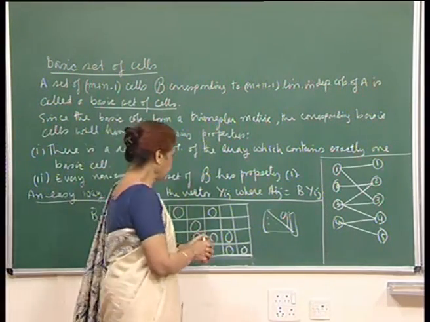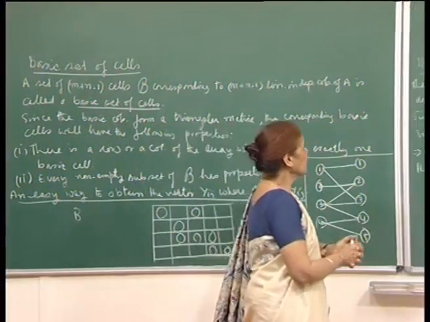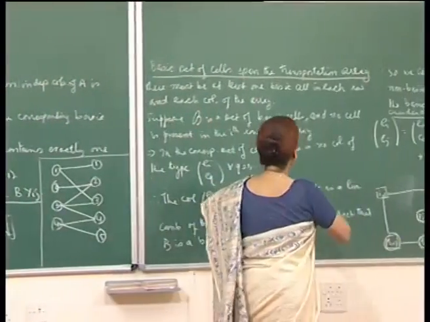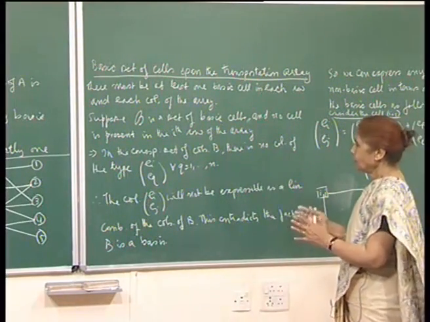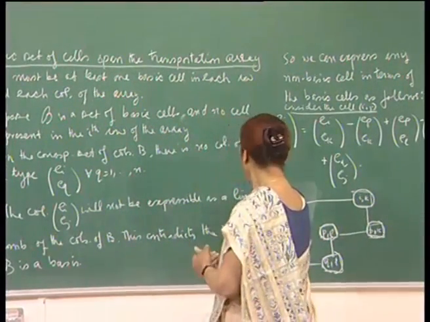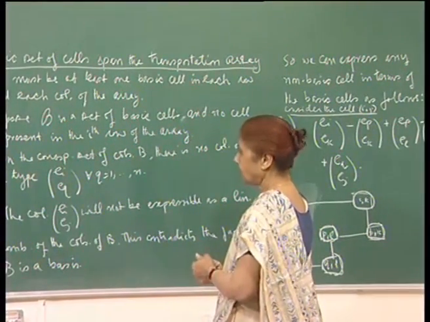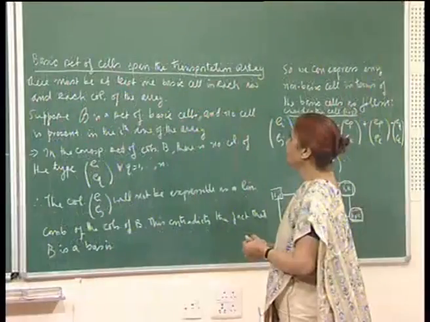Another property that we want to say here is that the basic set of cells will span the transportation array. Now, what does that mean? I will again give you a very ad hoc treatment of the whole thing, and later on when we develop some more graph theory for networks, the things will fall into place.